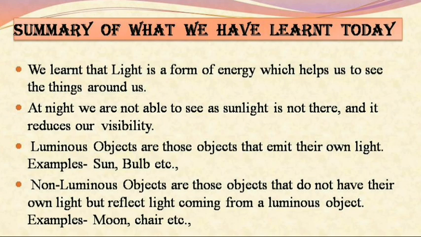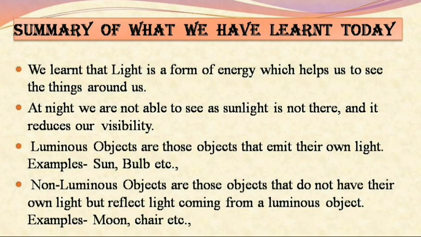Summary of what we have learned today. We learned that light is a form of energy which helps us to see the things around us. At night, we are not able to see as the sunlight is not there and it reduces our visibility. Next, we saw what are luminous objects.